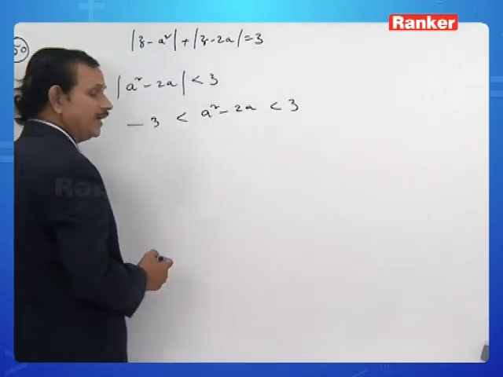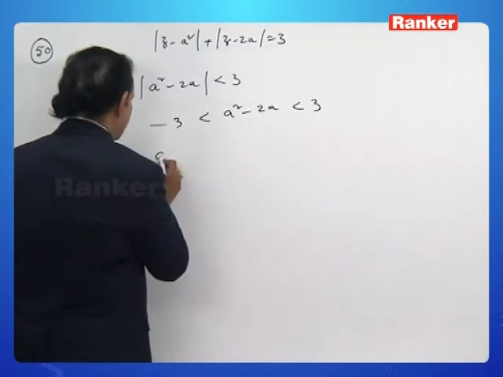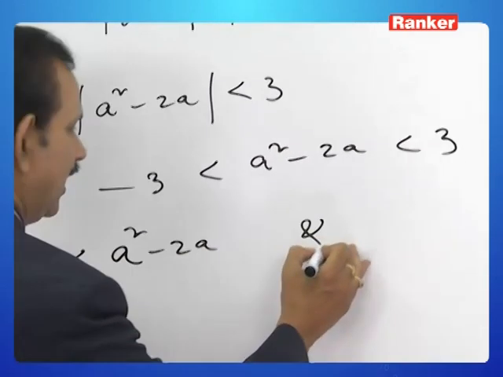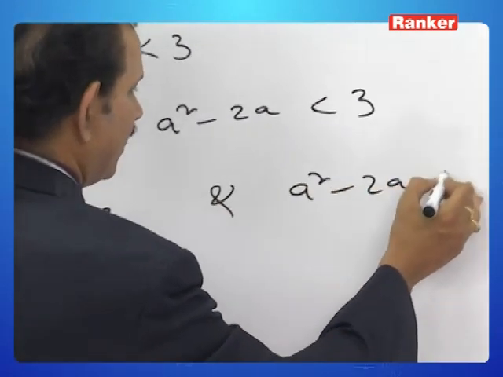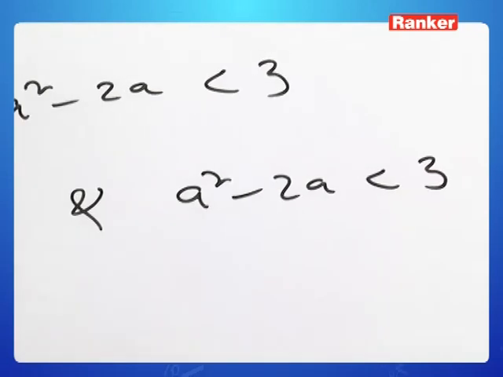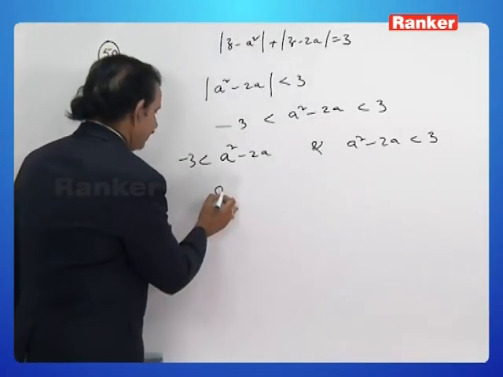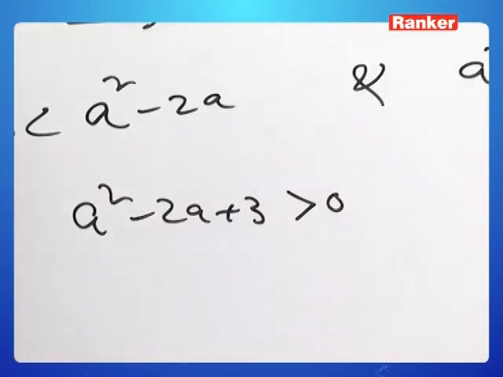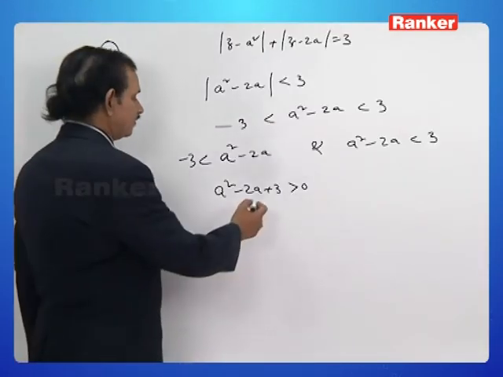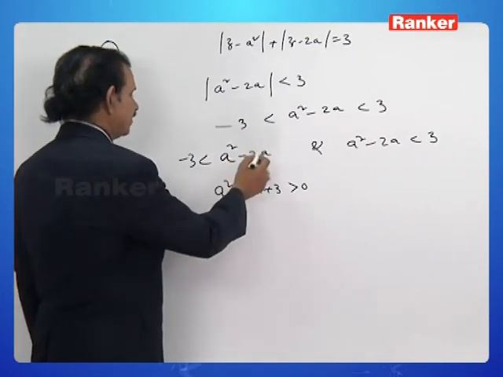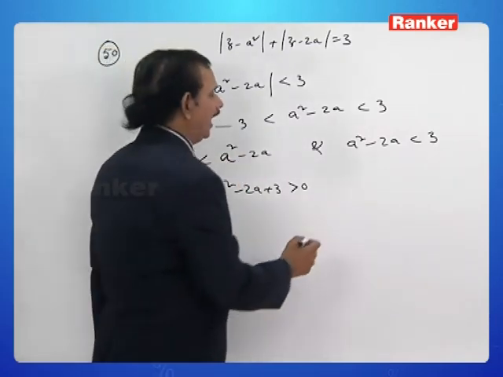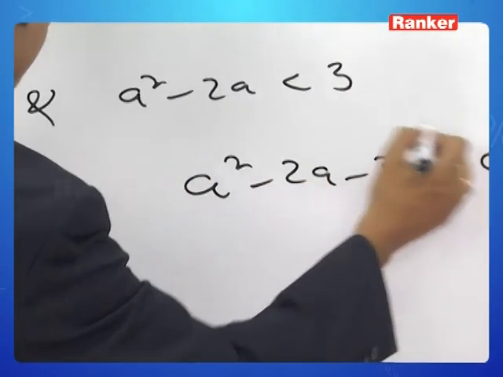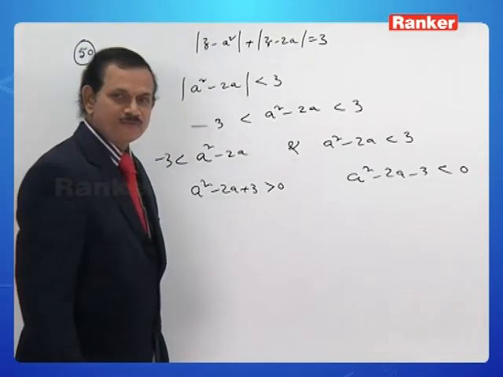Well, from this we have two inequalities, namely minus 3 is less than A square minus 2A and A square minus 2A is less than 3. From this, A square minus 2A plus 3 is greater than 0, and here A square minus 2A minus 3 is less than 0. Both of them should happen.